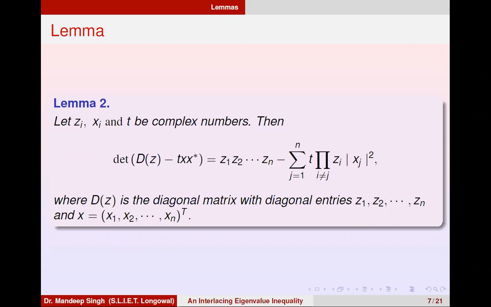What I want here is the determinant of the diagonal matrix minus t times x star, where x is the column vector given by the components x1, x2, ..., xn, and x x star is an n by n matrix with entries |x1|^2 in the first row, x1 x2 bar, and so on.